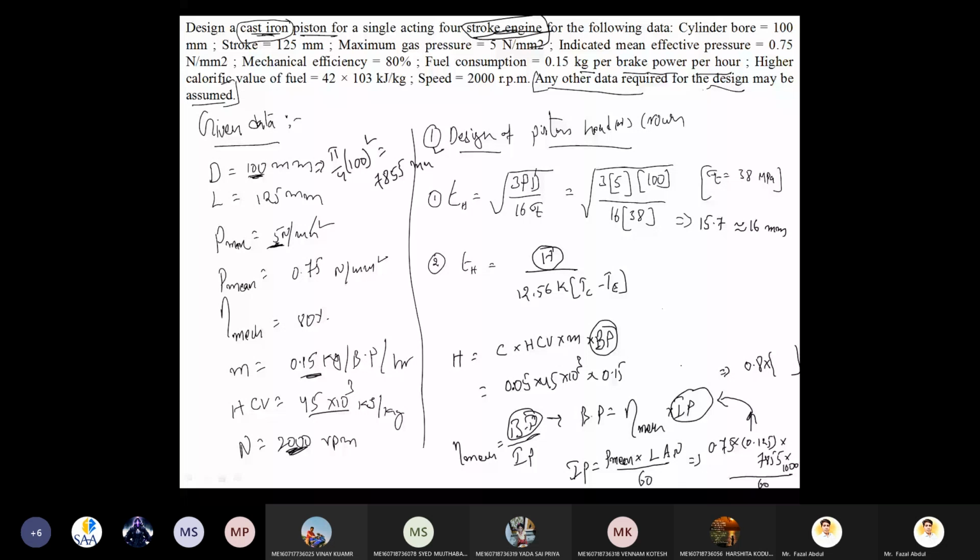Very good. 12273. 12273.43. Now tell me the BP value, brake power. So 0.8 into brake power. How much is the brake power?